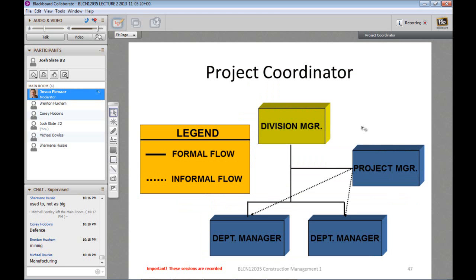So when we start looking at the project coordinator, this one is very similar to a procurement strategy that we're going to talk about next week, where we, let's call it an EPCM, to engineer, procure for and on behalf of, and construction management. So EPCM looks similar to this.